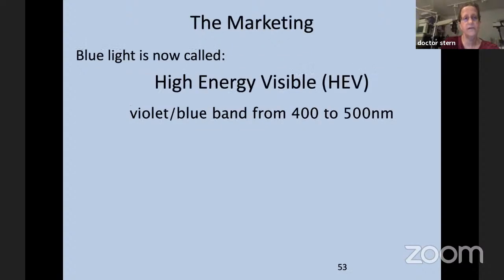And the interesting thing here is that one of the optical companies came out with charts and all kinds of things, calling it high energy visible light from 400 to 500 nanometers. Now we know that it has more energy. We know that's why it can have more effect on the retina, but I think they're trying to scare people a little bit when they say high energy light.